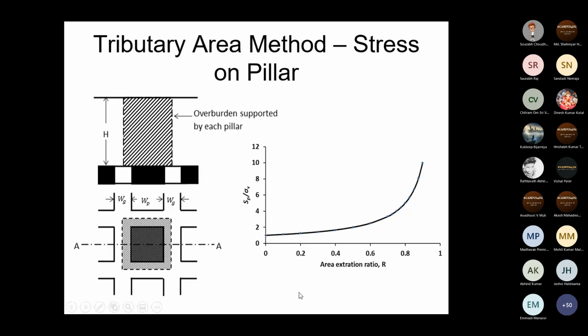So we have the pillars. You can see this line is showing you the pillars having width WP. So there are nine pillars in an area, and the width of the galleries is WG.